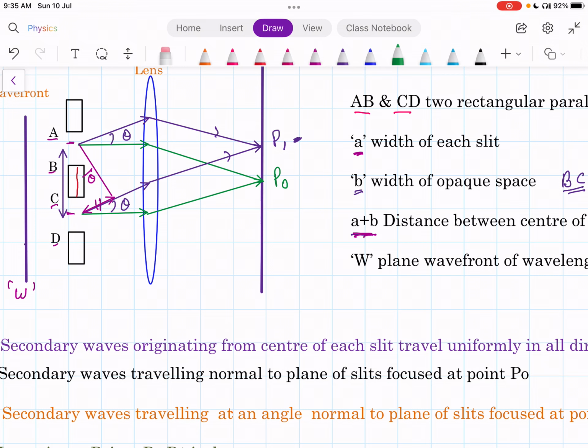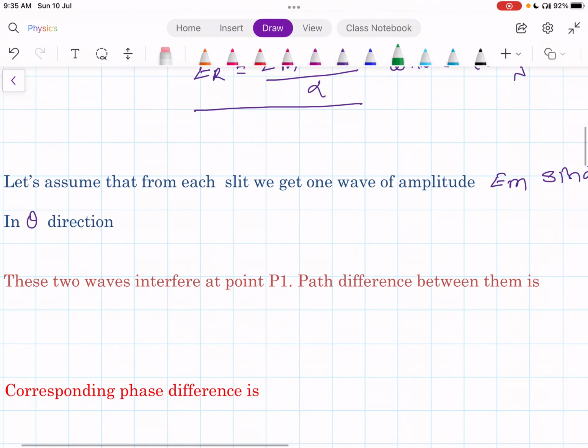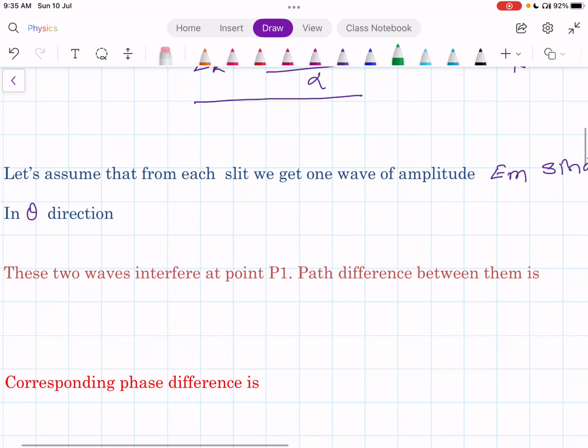So this is the path difference, and this path difference is equal to A plus B sine theta. So the path difference between the waves which are reaching at point P1 is A plus B sine theta.